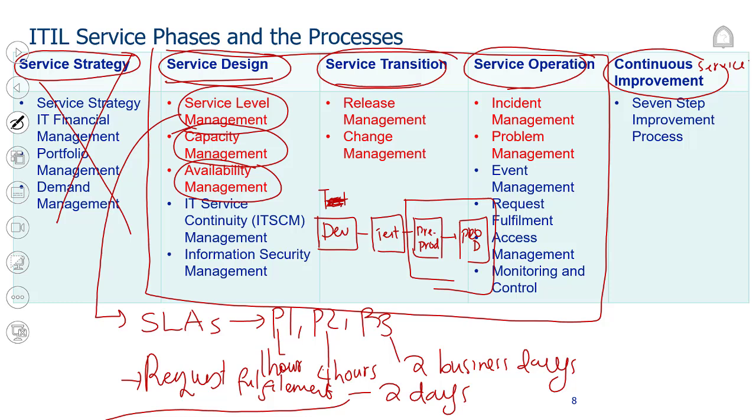We want to make sure that when we build something for production, we first build it exactly in the pre-production environment. Whatever we build in pre-production is exactly what we build in production, and therefore those two are usually regarded as the same. Now, service transition is what guides how we move from one environment to the other.